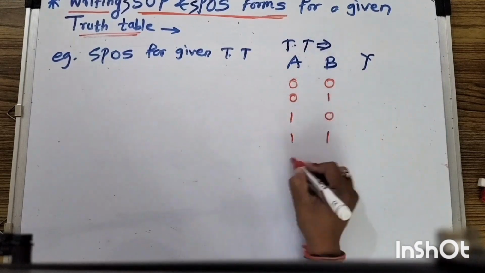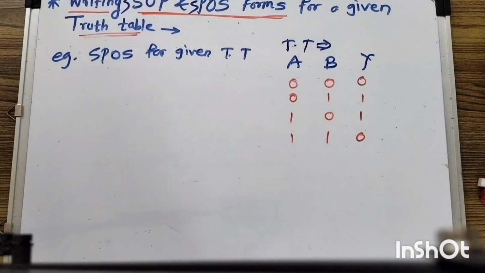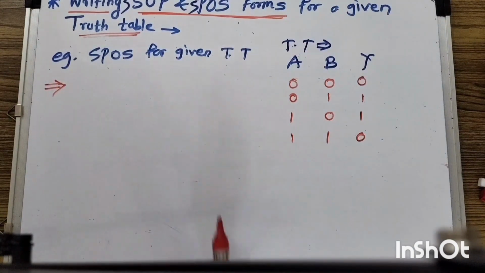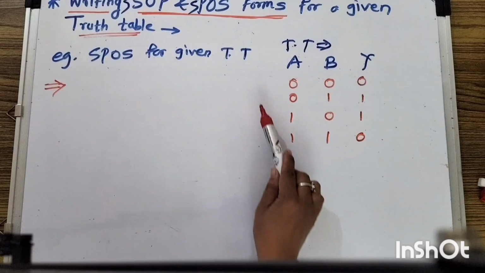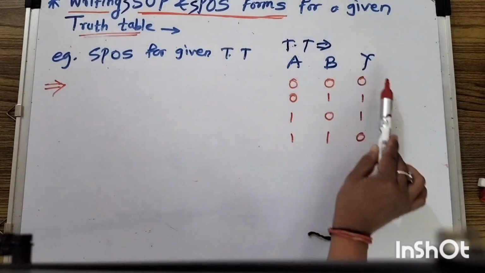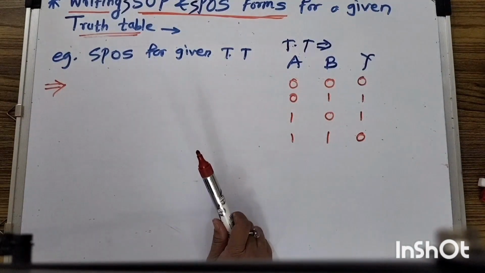This is my input combinations, and the outputs are like this: 0, 1, 1, 0. So what is the first step? If in the exam you are asked to write the standard expression, or write the standard Boolean expression, from a given truth table.